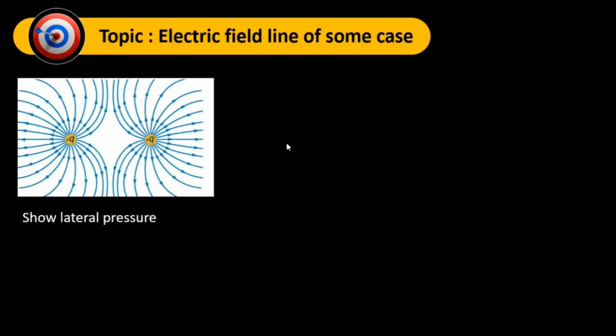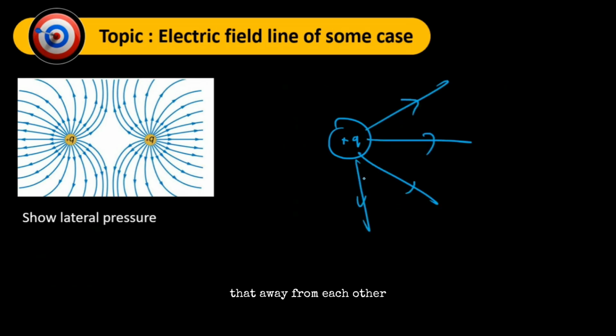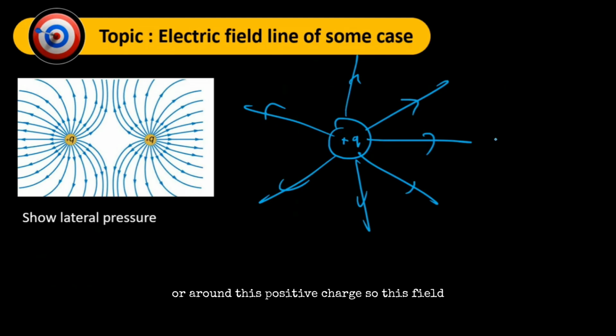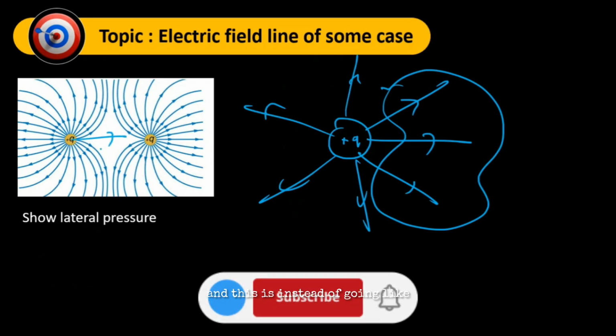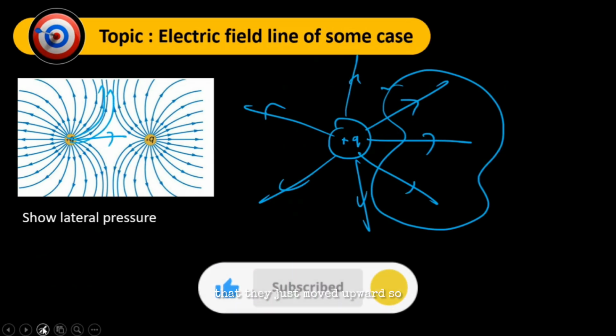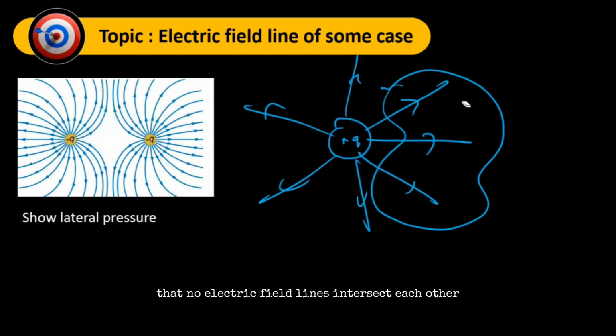This positive charge will exert field lines away from it, but if there is another charge kept around it, the field lines have to deviate. Instead of going like that, they move upward so that no electric field lines intersect each other.